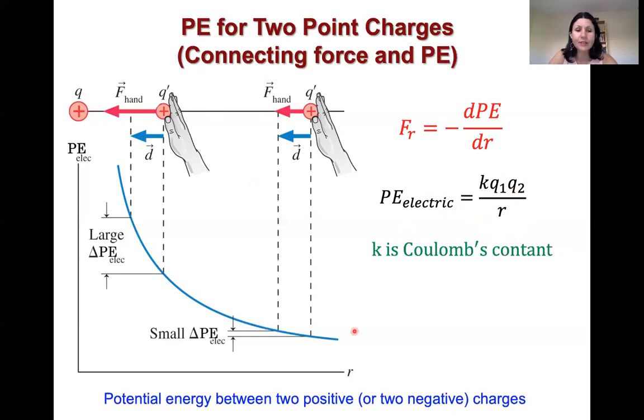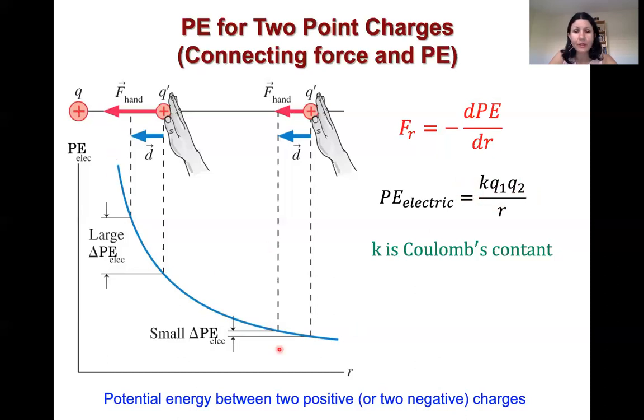And the plot, again, is for two like charges. If Q1 and Q2 are both positive, or both negative, you still get the same overall sign. Now, if you had opposite charges, I want you to think about how that would change this plot. If one of these had a negative sign, then there would be an overall negative sign in the front.